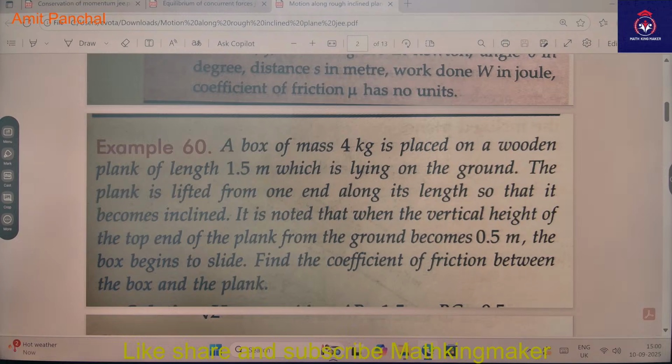So 40 upon 3 is equal to mu into 40 root 2, so mu equals 40 root 3 into 1.5 by 40 root 2. 40 gets cancelled. So the answer is 1 by 2 root 2.